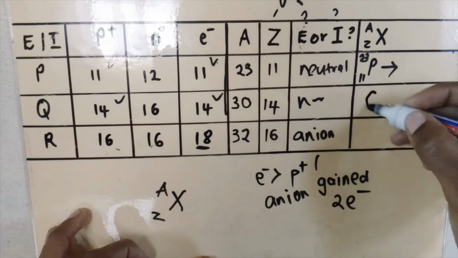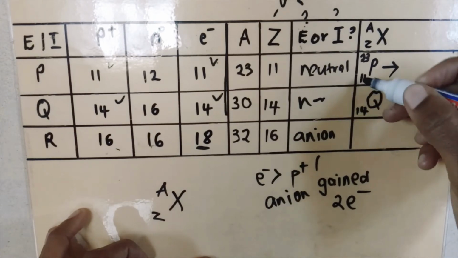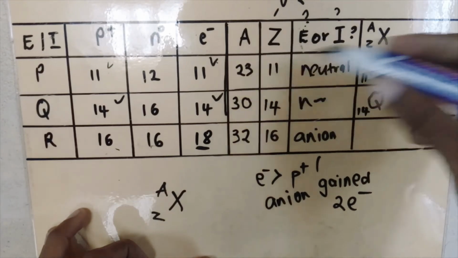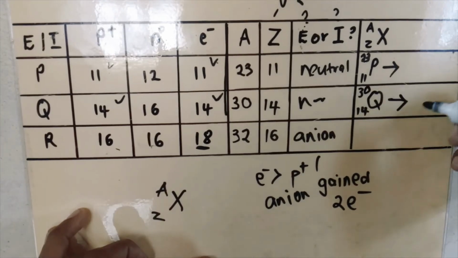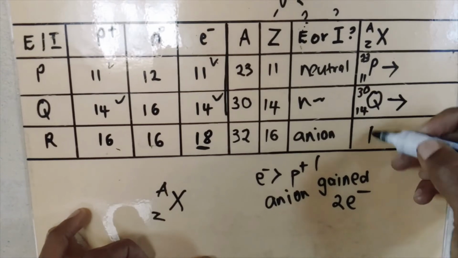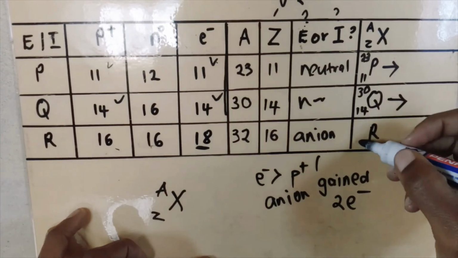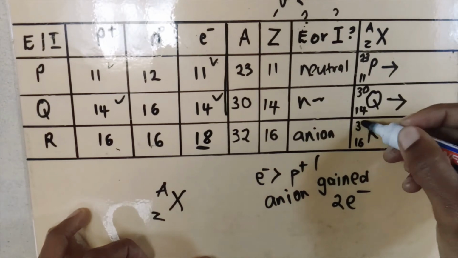And then we have Q, its atomic number is 14 and its atomic mass is 30. We still haven't identified it, we'll do that shortly. And then R, its atomic number is 16, and its atomic mass we found to be 32.